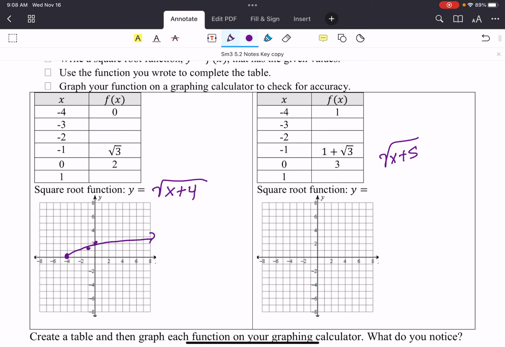So your numbers don't have to be inside of the square root function. It's 1 plus the square root of x plus 4. Yes. Does that work for all of them? Go ahead and check and give me a thumbs up if it works.